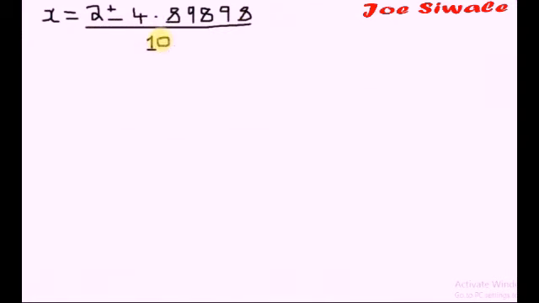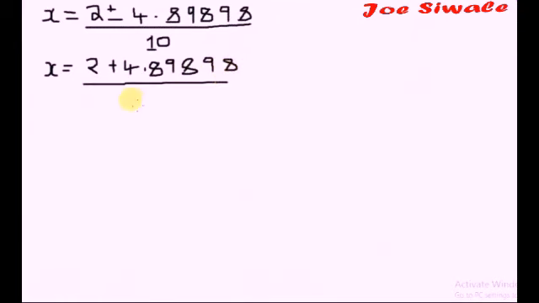For this equation, I will divide it into 2 parts. One will have a positive sign and the other will have a minus sign. So x equals 2 plus 4.89898 over 10.